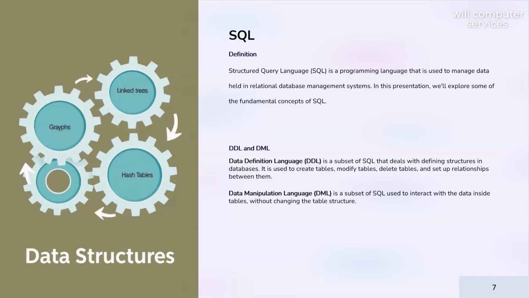So this is the concept of SQL. It's a programming language just like Python, but a different programming language. And SQL is mainly used to manage data, to look for data, to retrieve data. This is the main goal of SQL. So it's a different goal from Python.